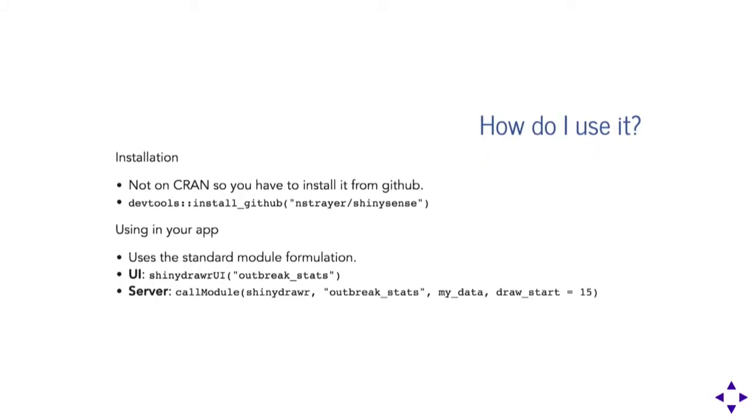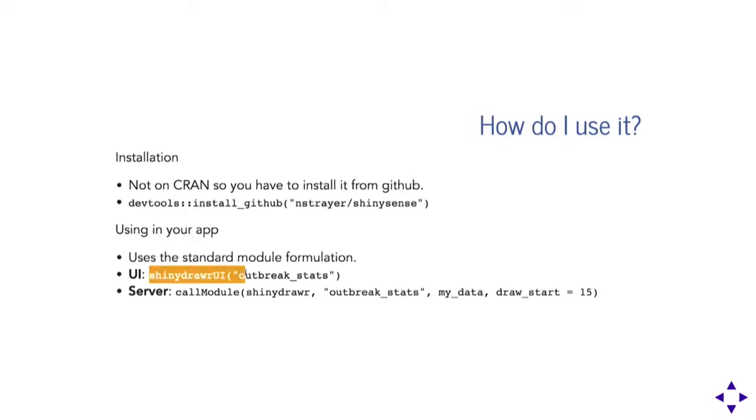So how would you use this if you wanted to use it? It's not on CRAN, so you have to install it from GitHub, but pretty straightforward. And then to use it in your app, you just use the standard module formulation, because it exposes each of the senses as its own exported function with UI appended at the end. So in this example, we have the drawer UI, which is the draw-the-graph thing.